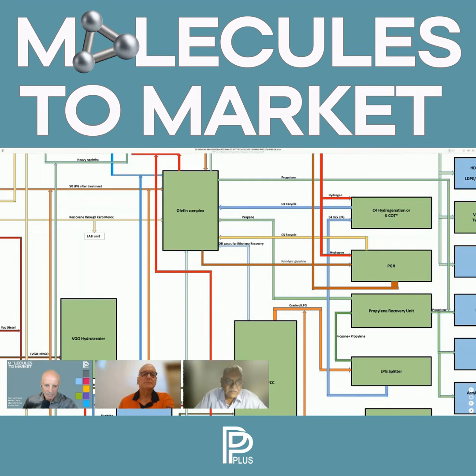This is an overall complex where we have generated a very precise model with all the units presented as boxes and all the product streams moving to and from these boxes down to the market. I can of course increase the size.